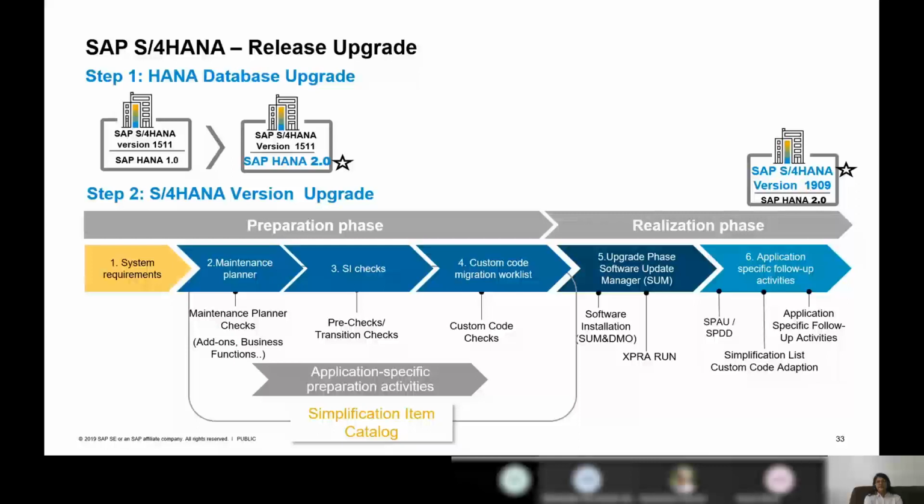This version upgrade basically will have a preparation phase and a realization phase. The preparation phase is what the customer can do independent of the actual upgrade. Within this preparation phase, I have system requirements, maintenance planner, SI checks, and custom code migration work list.